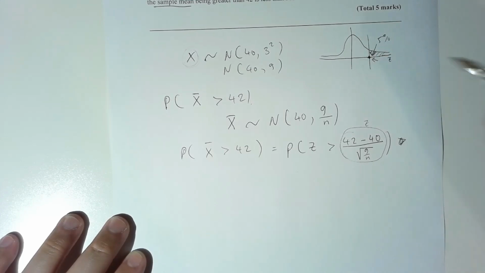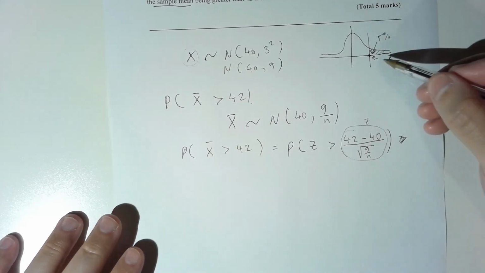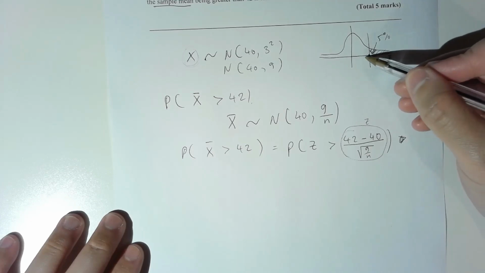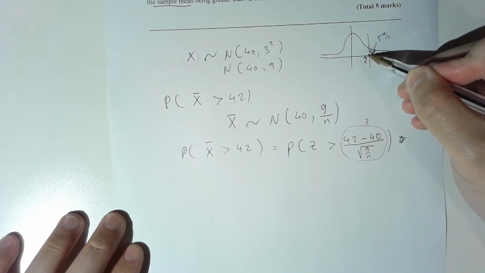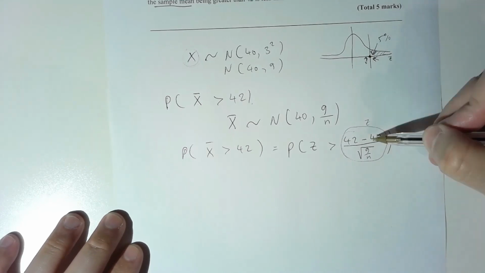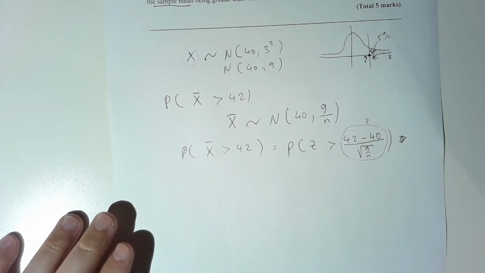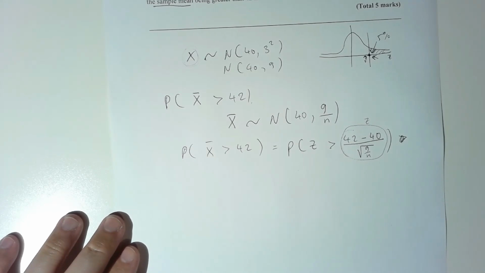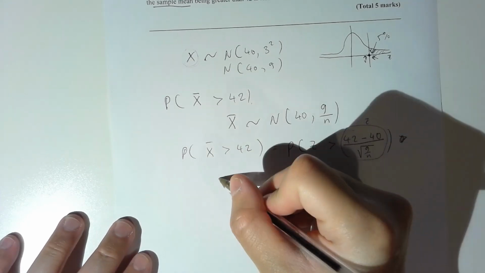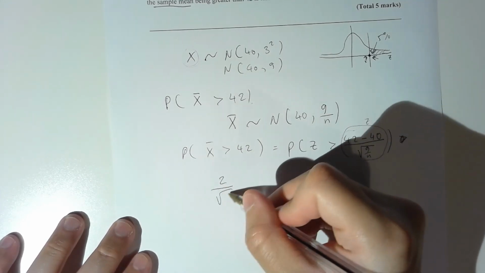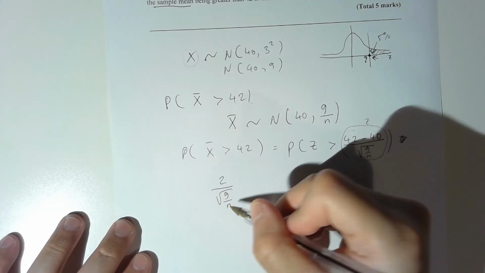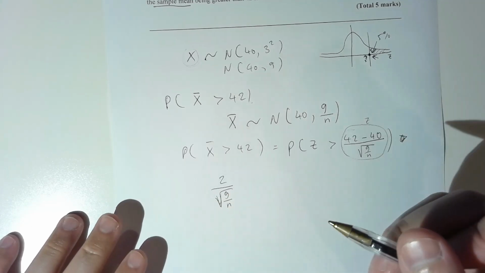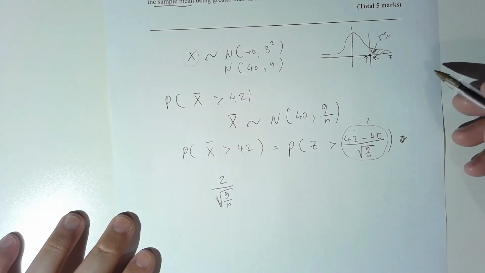I don't know what it is, but using the table, try to work out what value 5% is equal to. And you see this one has to be bigger than that. So now we're going to work from there. It's 2 over the square root of 9 over n. Now if you're using the formula booklet, at 5% you should have 1.6449.